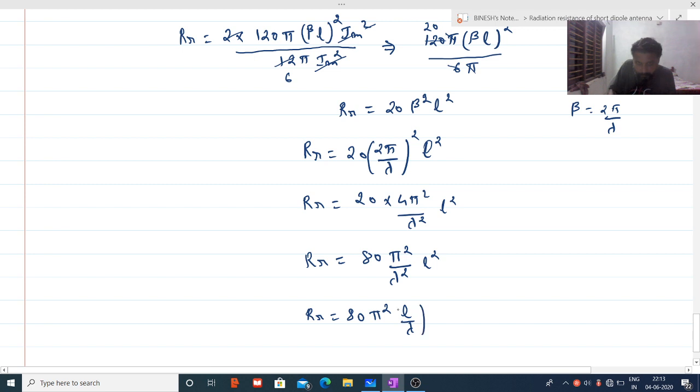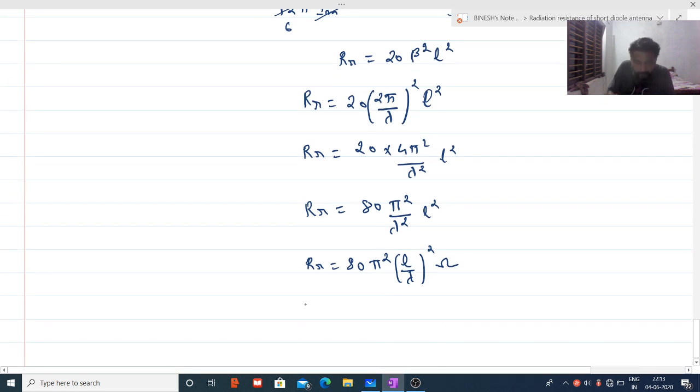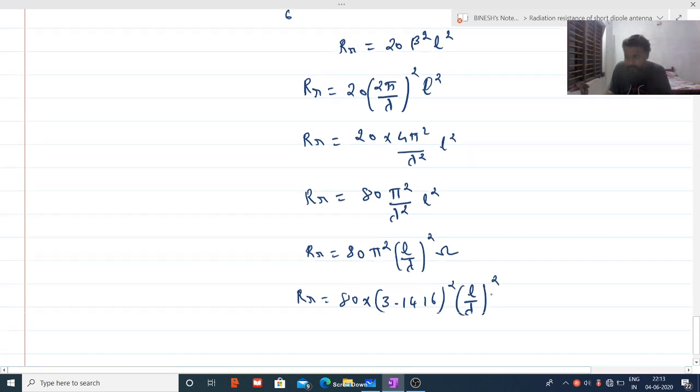Okay, that is in general nothing but radiation resistance is nothing but 80 into 3.1416 the whole square into L by lambda the whole square.